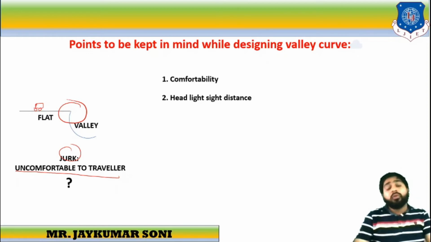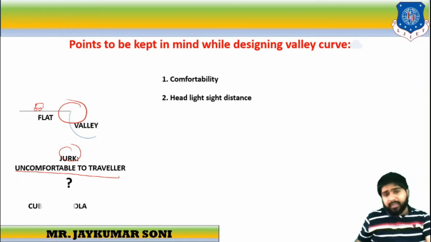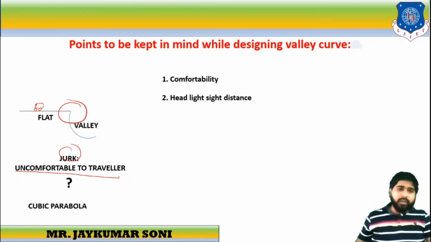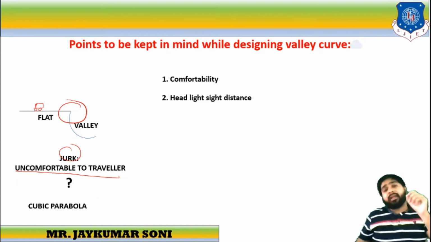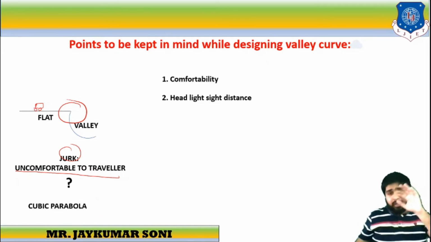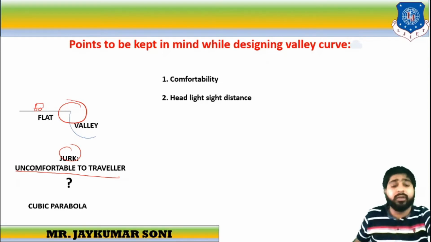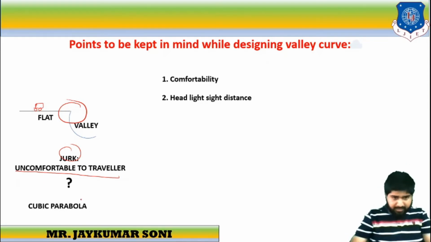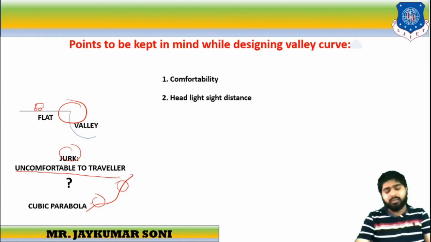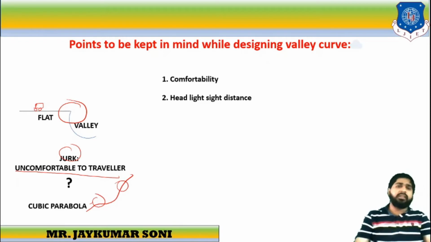In order to avoid this discomfort, one can provide a cubic parabola. The cubic parabola can decrease the discomfort. It is like this. So this is the smoothing of the curve. It will reduce the discomfort, so this is how it can be avoided.